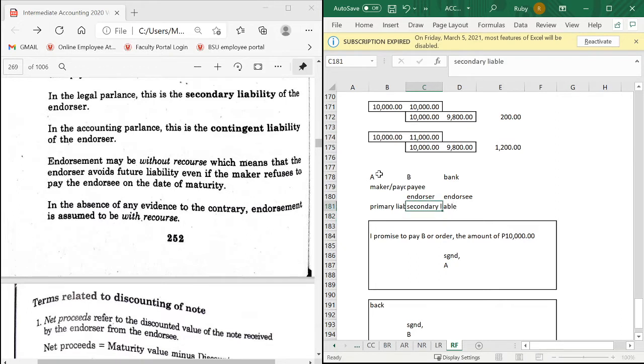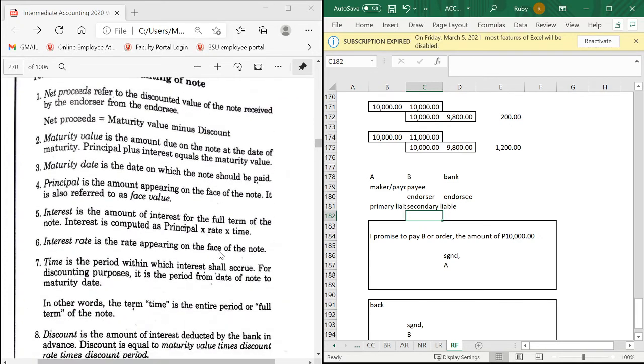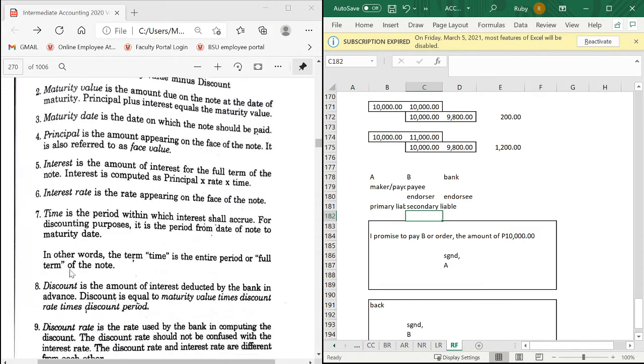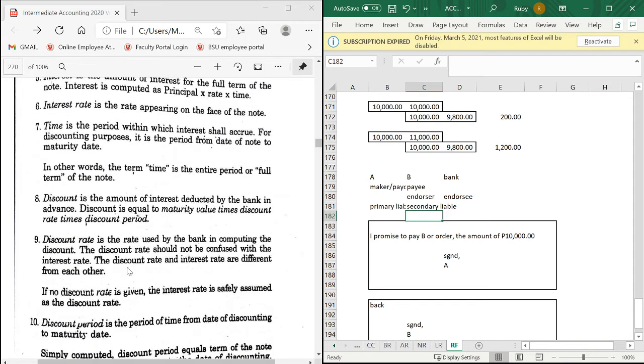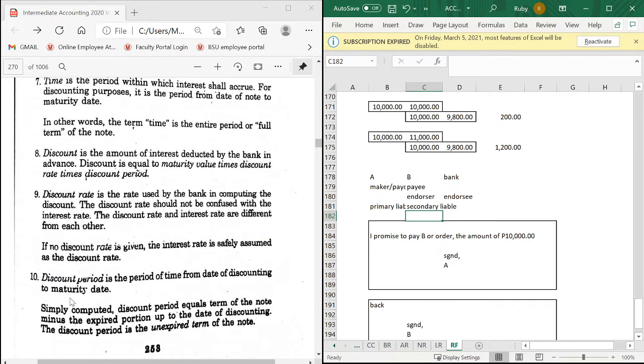Yung sisingilin siya kapag hindi nakabayad si A. Terms related: net proceeds, maturity value, maturity date, kung kailan due, principal amount, interest rate, time, discount. Ang discount is maturity value times discount rate times discount period.